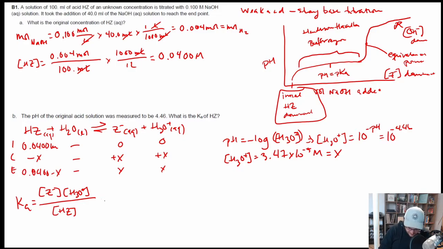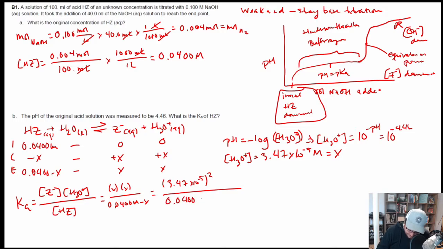So if we go here, what we had is X squared over 0.0400 molarity minus X. So if we plug in our X value, what we have is (3.47 times 10 to the negative fifth) squared over 0.0400 minus 3.47 times 10 to the negative fifth.